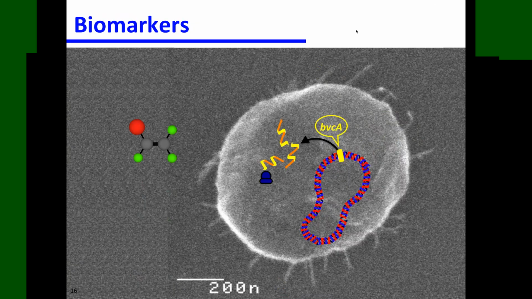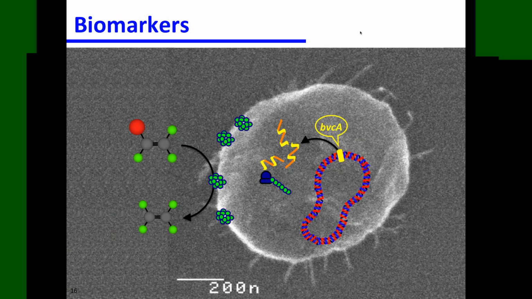In the presence of vinyl chloride, the gene is expressed, transcription, the transcripts are going to the ribosomes that synthesize the protein. The proteins are then incorporated into the periplasmic space. These are these green balls. And these are the functional reductive dehalogenases that then perform the duty of reductively dehalogenating vinyl chloride to ethene.